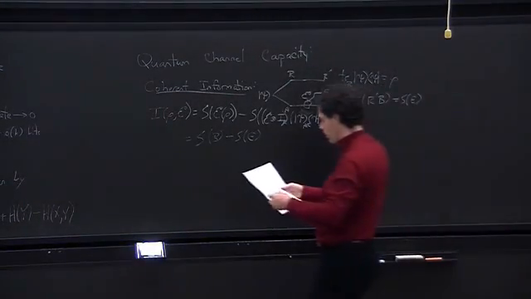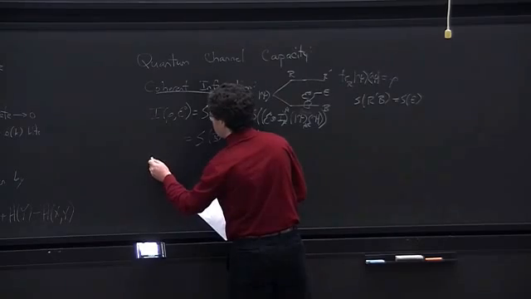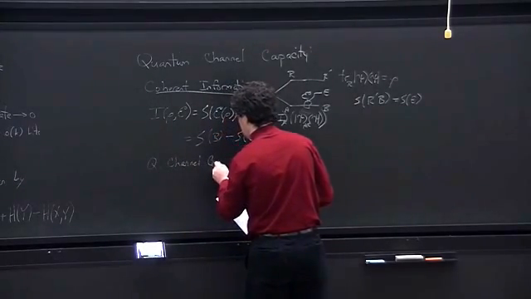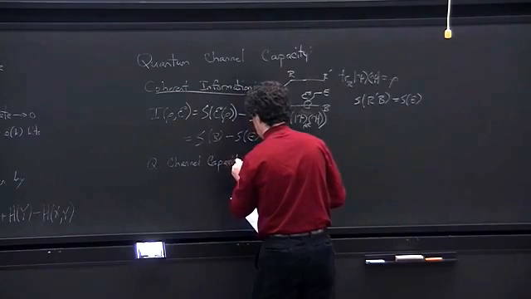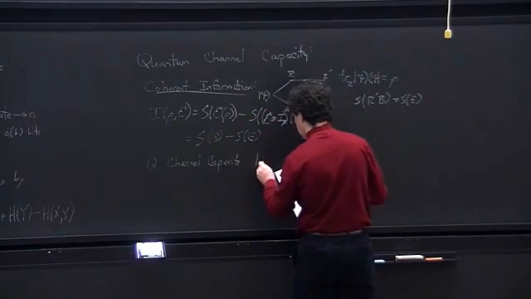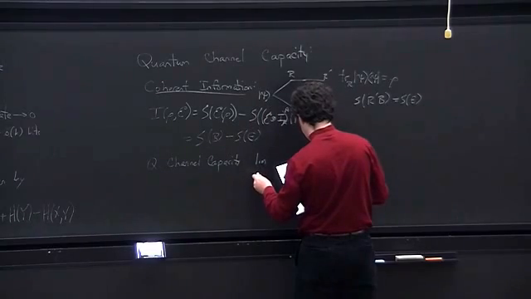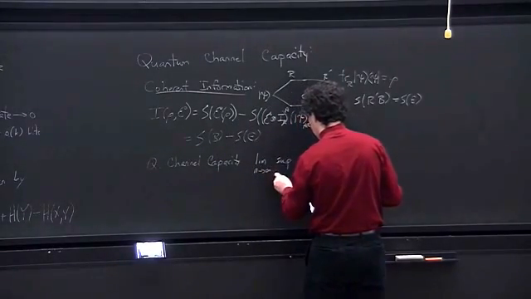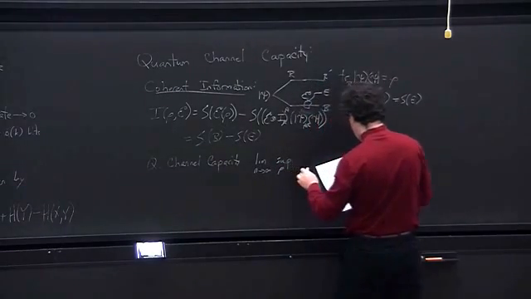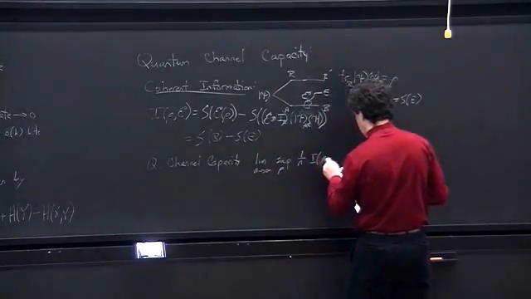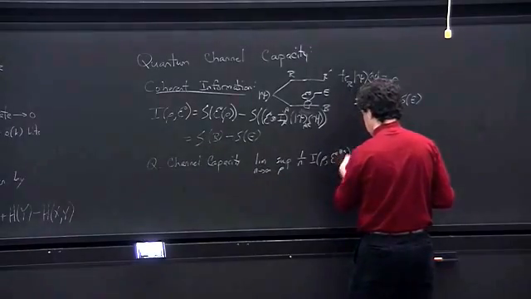And so the quantum channel capacity is given by this formula. The limit as n goes to infinity, the supremum over rho, of 1 over n, I of rho, E tensor n.